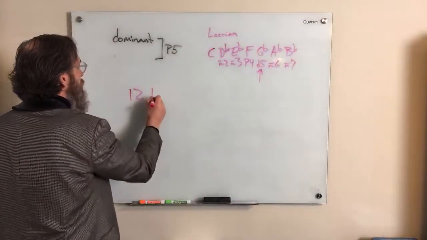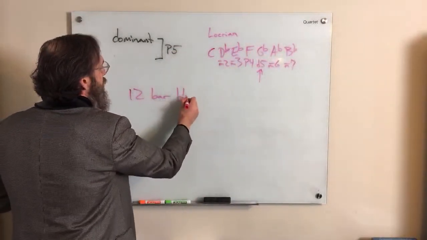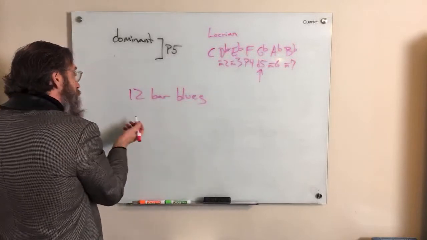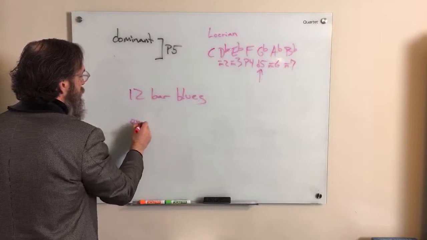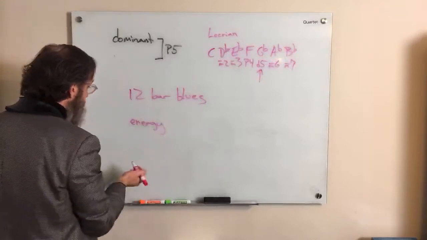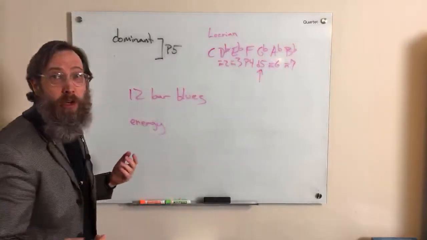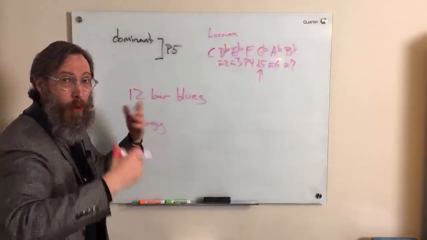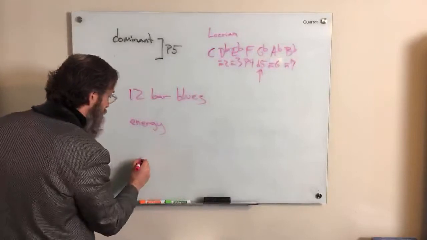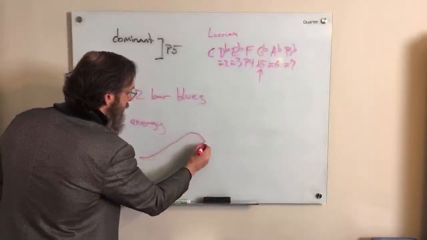Within that 12-bar blues, you want to structure your solo. The structure usually comes in terms of energy. You use the graph that is the case for almost all of a Western approach, where you start slow, you build it up, and then you wrap it up.